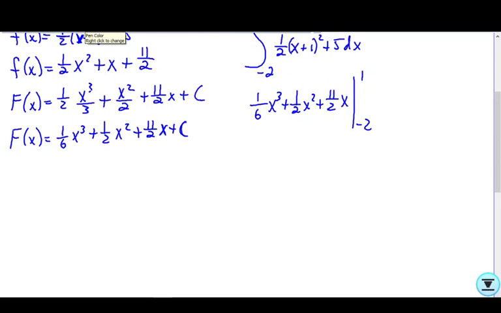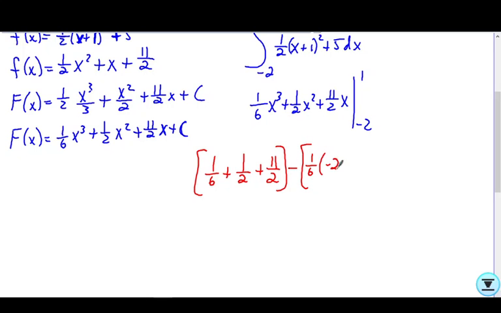First I'm going to plug in 1. That's going to give me 1/6 plus 1/2 plus 11 over 2, minus, and now I've got to plug in -2. So I get 1/6 times -2 cubed plus 1/2 times -2 squared plus 11 over 2 times -2.